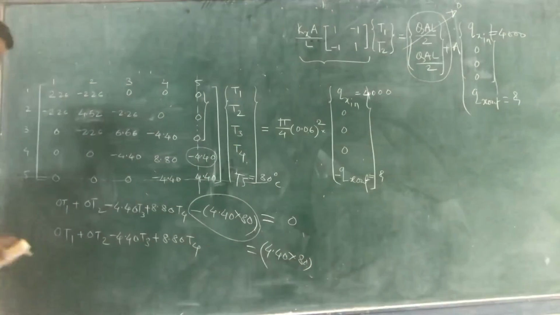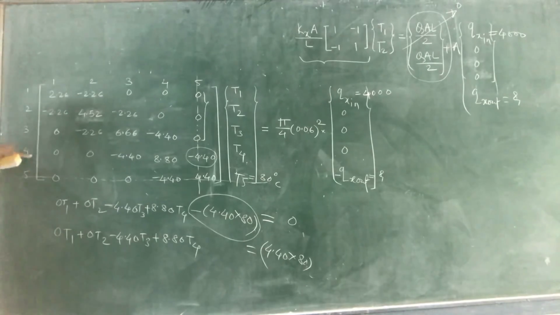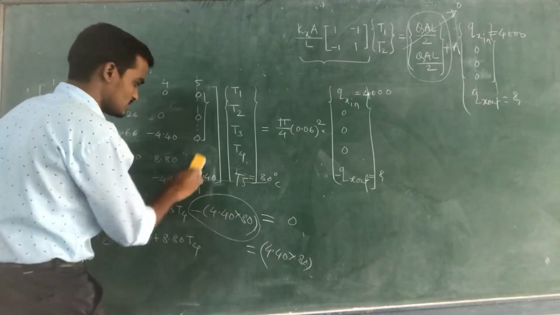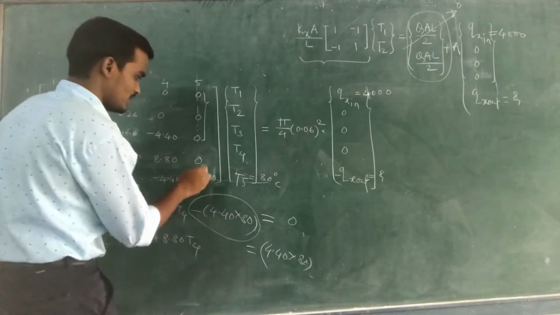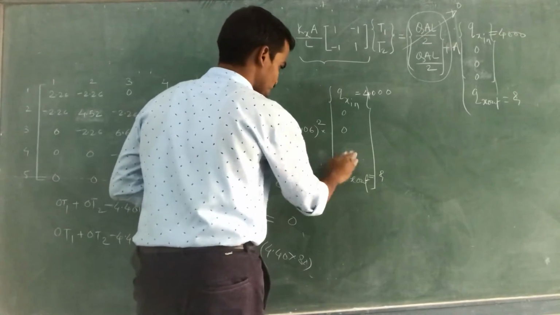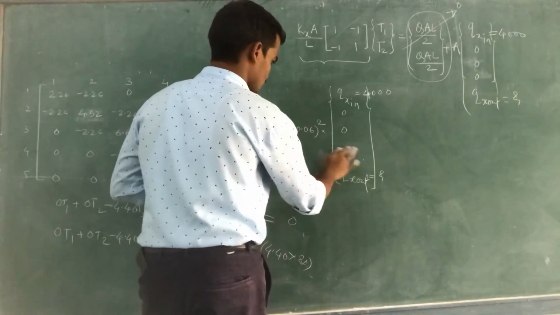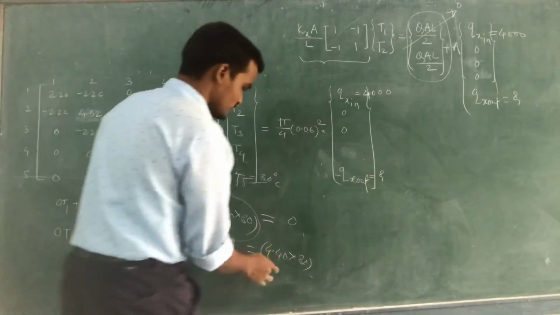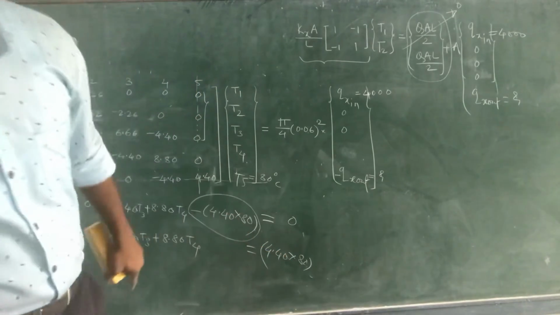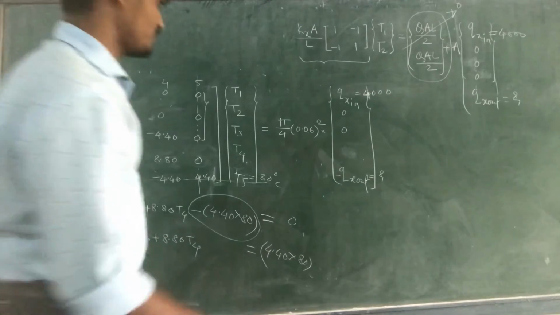Okay, so now if we write this equation into this matrix, then you will get this value as 0, and instead of this 0, you will get 4.40 into 80. So this is nothing but 352.